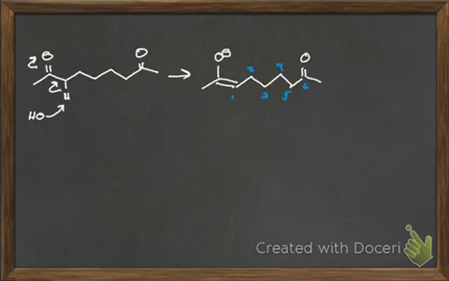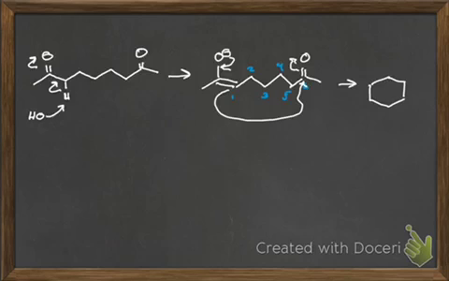So, pi bond reforms, and the nucleophilic attack occurs like so, opens up, and we get this as our final product. All right, this was aldol cyclization. 3 is good, 3 is not good, 4 is not good, 5 is great, 6 is okay, and above that it gets a little ridiculous.